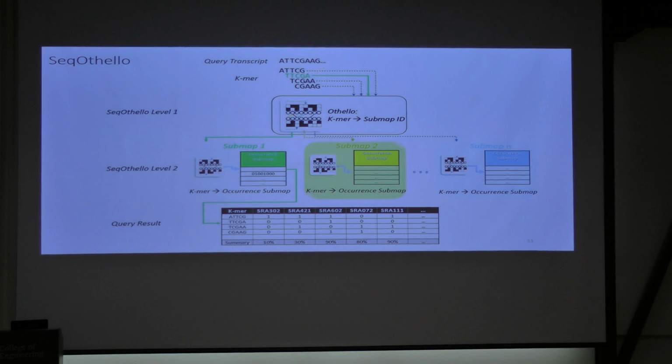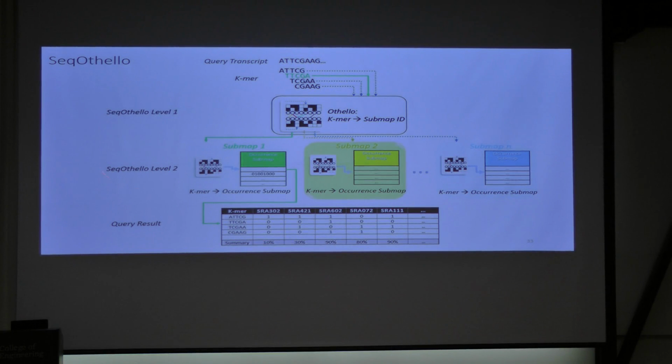For example, if we have this sequence, we can first enumerate all those k-mers in this sequence. For each k-mer, the first level of SQL0 uses an L0 to obtain the subset ID of this k-mer, and then SQL0 will assign this k-mer into its corresponding submap.